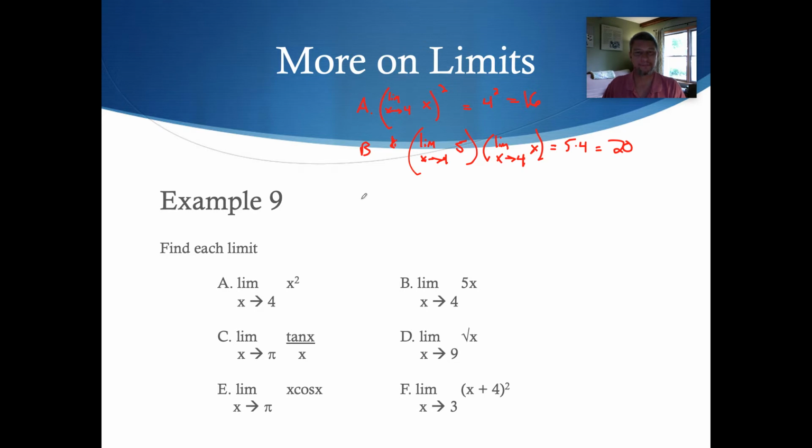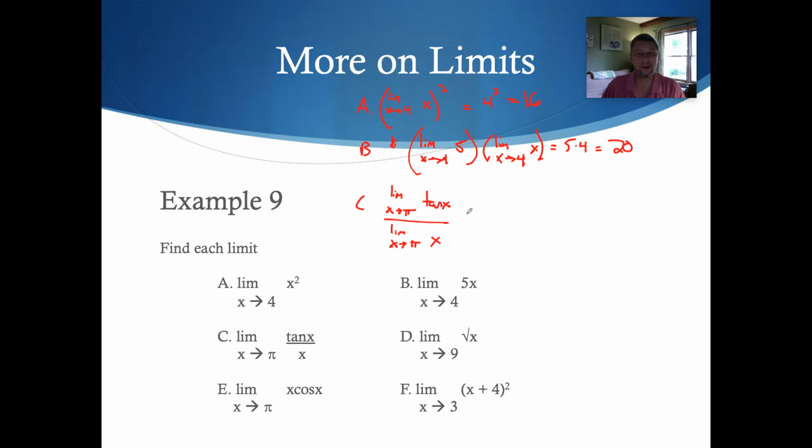Okay, easy peasy. For C, I've got the limit as x approaches pi of the tangent of x over x. And so using the quotient rule, this is the limit as x approaches pi of the tangent of x divided by the limit as x approaches pi of x.